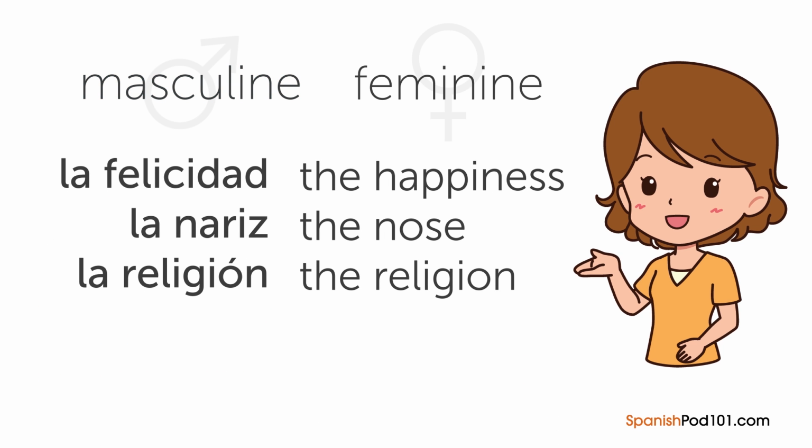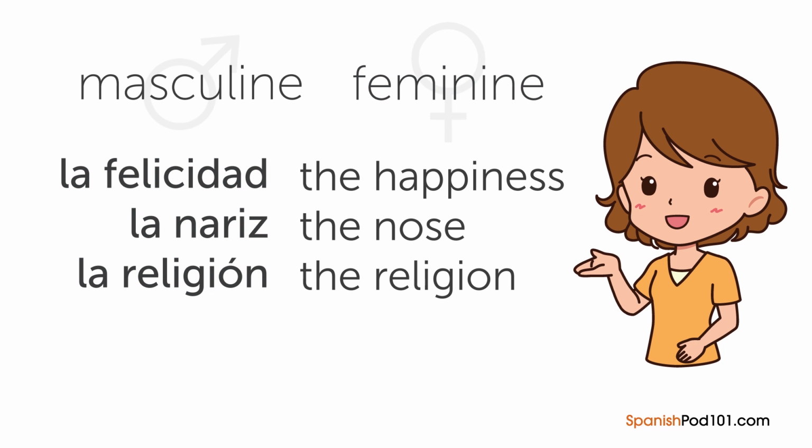On the other hand, nouns that end in D, Z, or ión are normally feminine. For example, la felicidad, the happiness, la nariz, the nose, and la religión, the religion, are feminine.